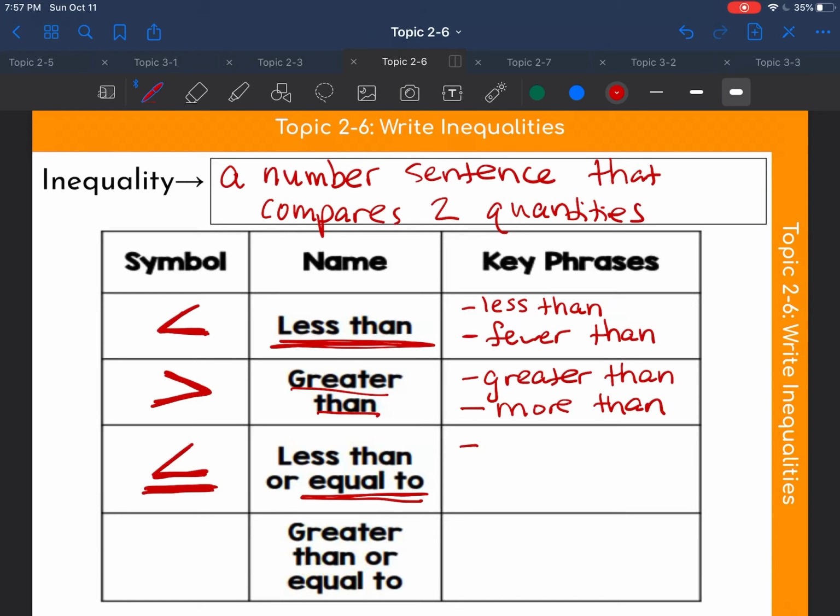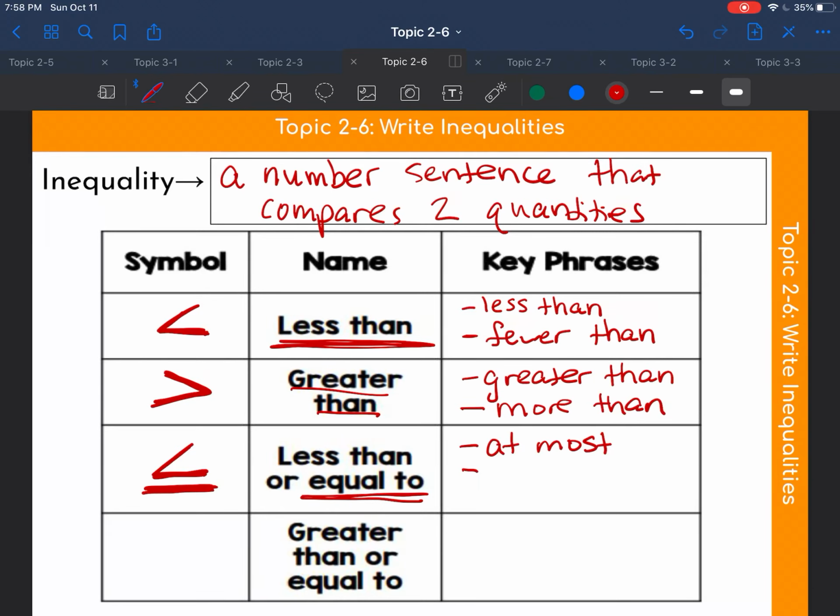Now, some phrases that tell you we're going to use less than or equal to. The first phrase, which sounds a little weird, is at most. At most, you can be 5 feet. That means you have to be less than 5 feet or 5 feet, but you cannot be more.